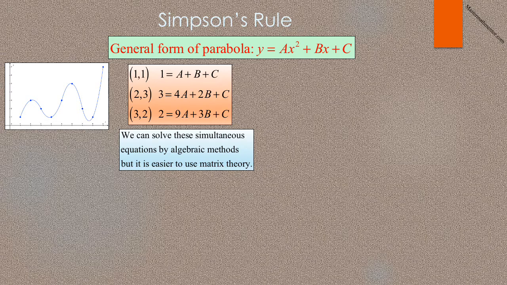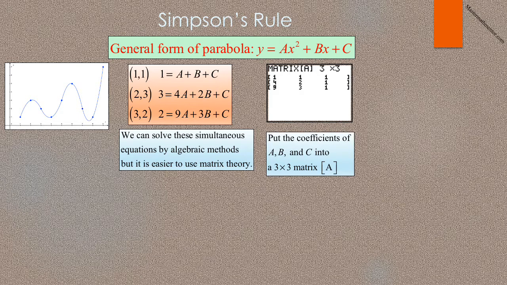We can solve these simultaneous equations by algebraic methods, but it is far easier to use matrix theory. We first put the coefficients of a, b, and c into a 3 by 3 matrix, which on the calculator we will call matrix A. The first row has the coefficients 1, 1, 1, the second row 4, 2, 1, and the third row 9, 3, 1.